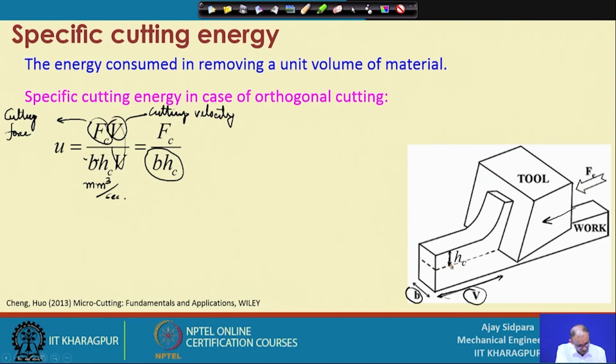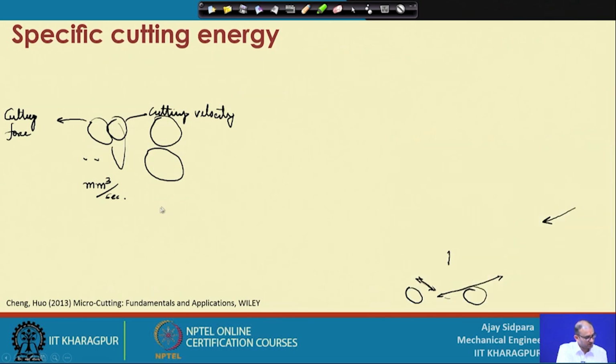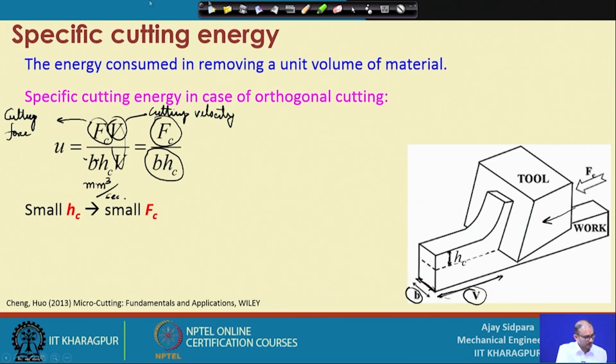So, it depends on what is the depth of cut and how much is the width. Obviously, it will cover the area of this part, and then how much is the cutting force in this case. Now if you see this example very clearly, if you reduce the uncut chip thickness, that means if you reduce the depth of cut, then obviously your force will be very, very small, correct.